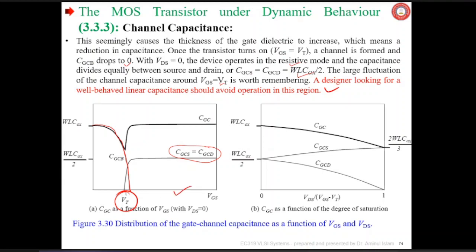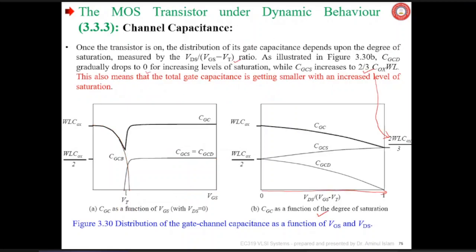Then you will get the constant value of these capacitances. That's all we have discussed.